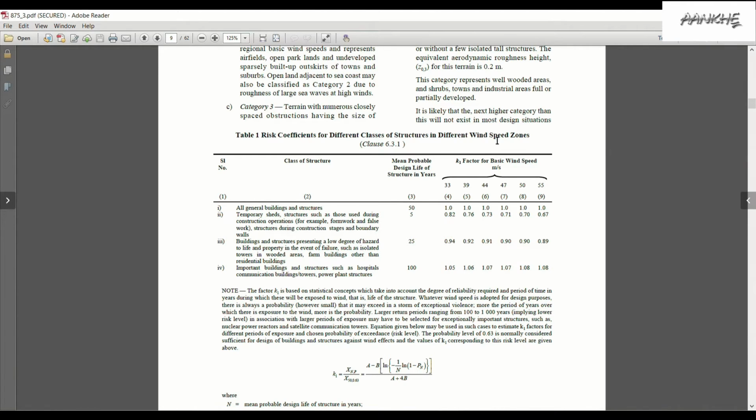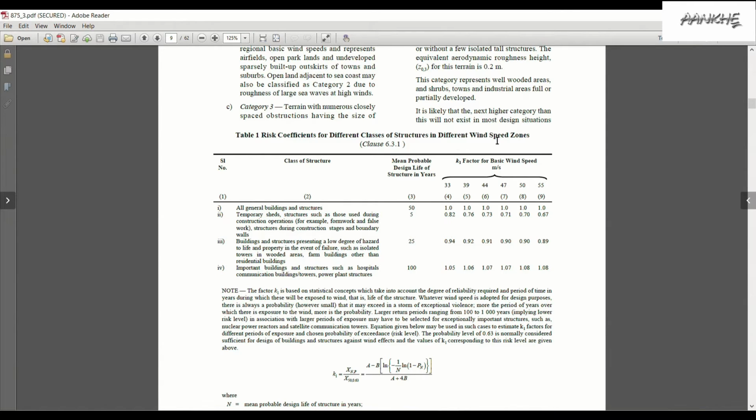It is a general building type structure because generally the lifespan of the ESP is considered as 25 years, and one structure is assumed to carry 2 ESP. After that, the structure is strengthened or retrofitted or demolished and a new structure is erected. So the ESP structure comes under general building type.